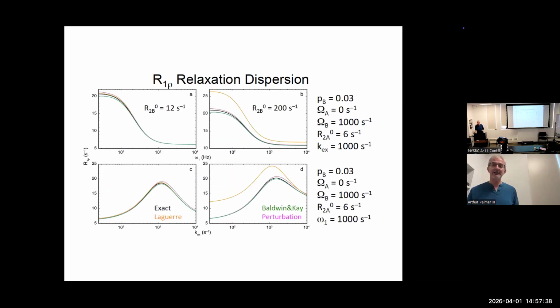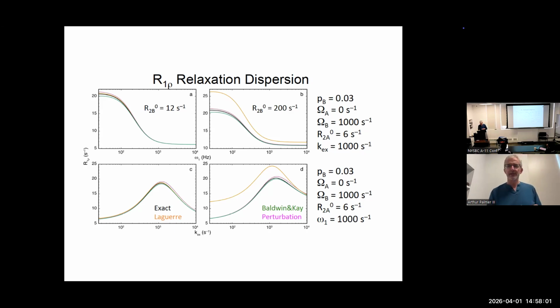Here's just another plot. So the same kind of thing, looking now at the differences associated with different values of R2A and R2B, just showing what the difference makes in the profiles.